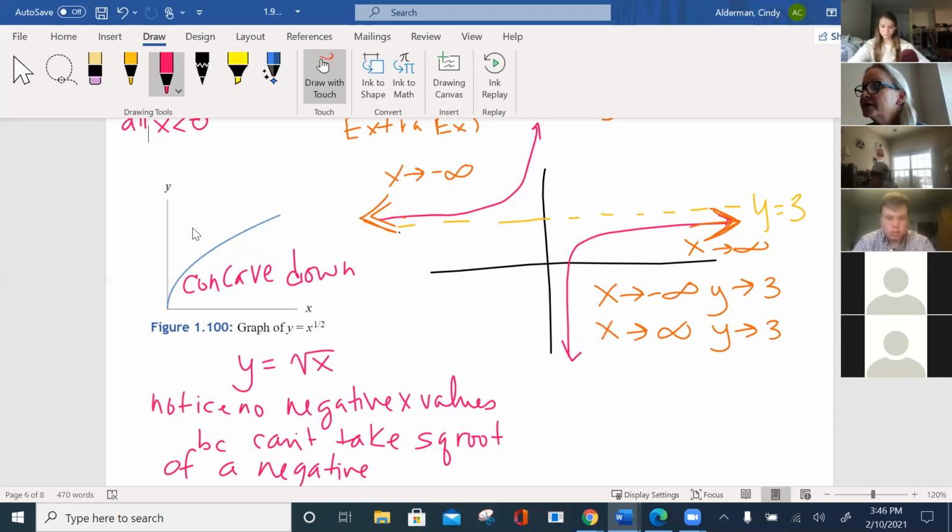At least you can't do it in the real number set, right? In the imaginary set, you're allowed to do it, but not for real numbers. And we're talking real in this class.